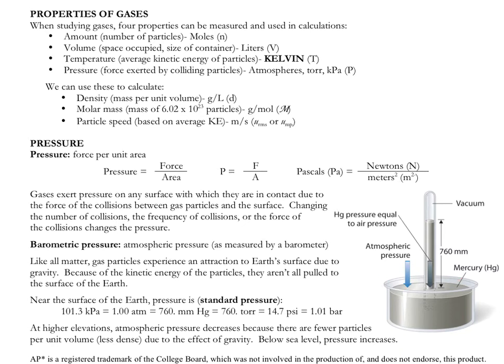So we've got two forces. We've got the force of the air, all of those particles that are colliding and bouncing on the mercury, but then we've got gravity pulling the weight, or causing the weight of mercury, pulling it downward. So at a certain point, those two forces are equal and opposite, and the mercury stops moving.